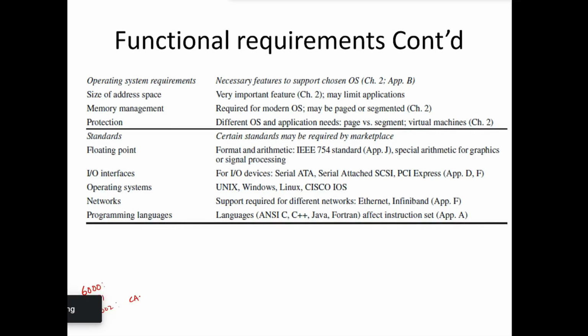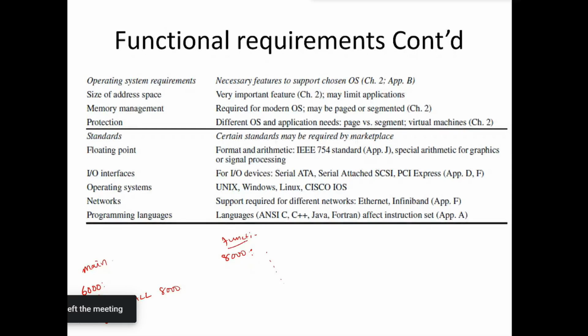Here I am just calling a function, call something at 8000. So it will go to 8000 and execute. This is the function. Assume this is your main program. After 6000, let it be 6003.